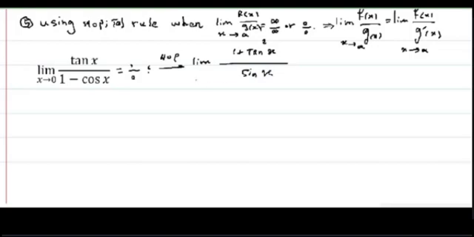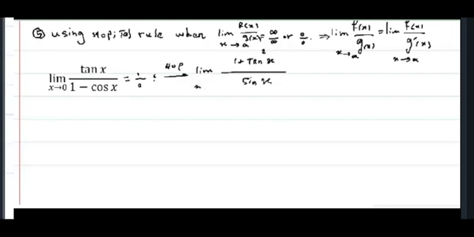When x approaches 0, it is important in which quadrant the position of x, the angle, lies.